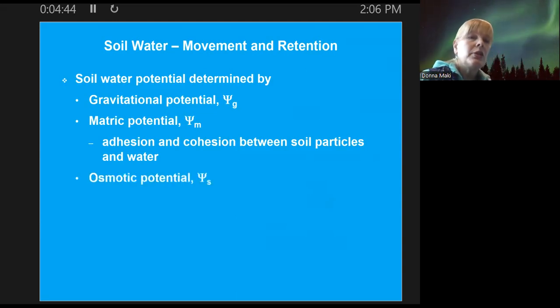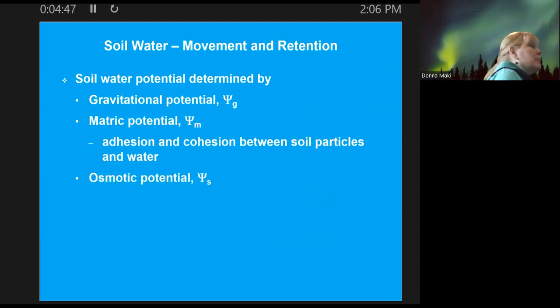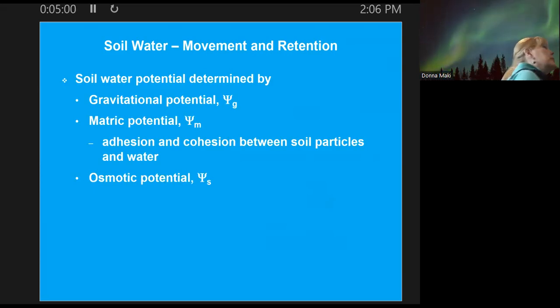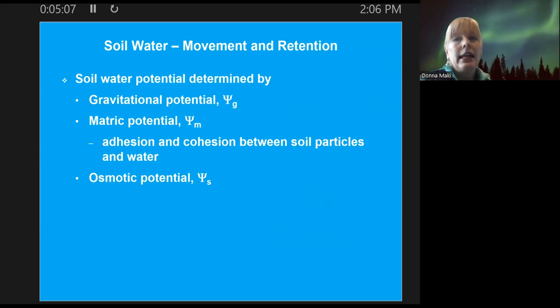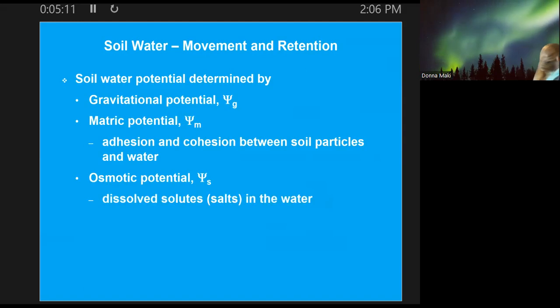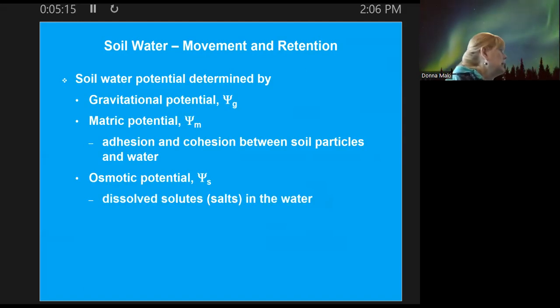And then there's the so-called osmotic potential, psi sub S. I like to think of the S as the solutes that are dissolved in the water. Soil water is not pure water. There's going to be stuff dissolved in it. It can be minerals, fine organic matter, chemicals, for example.